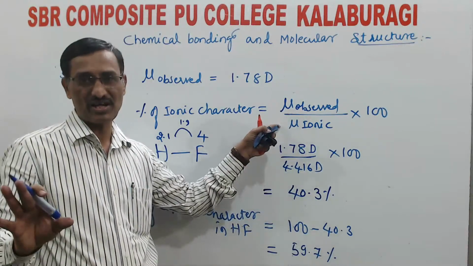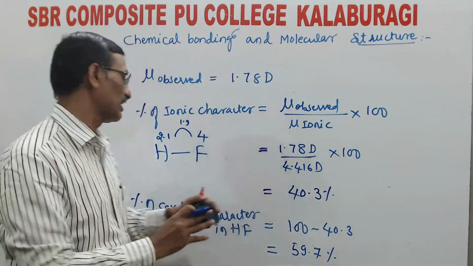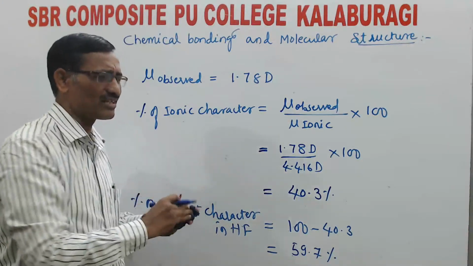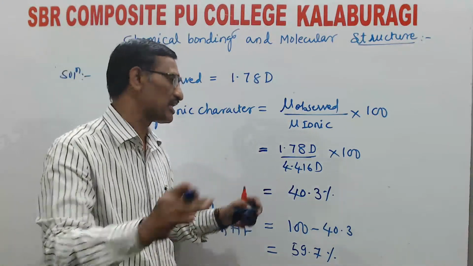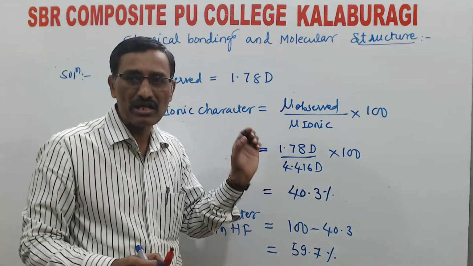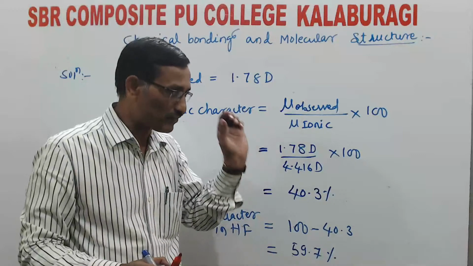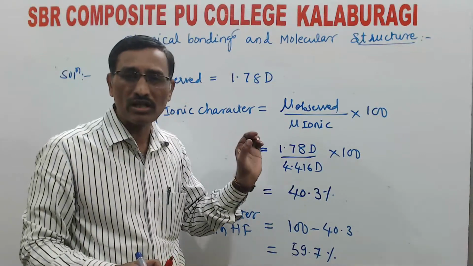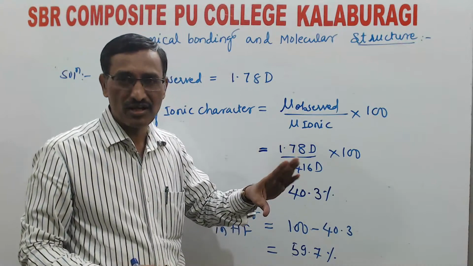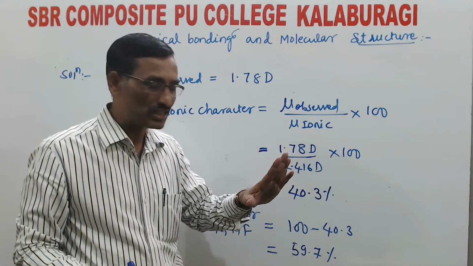From the given data we can't say 50-50. But generally, by taking a different approach, we could also go for it. The general trend is that if the electronegativity difference between the two combined atoms is 1.9, we can say 50% ionic and 50% covalent.